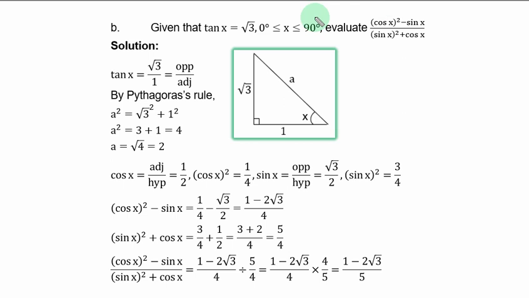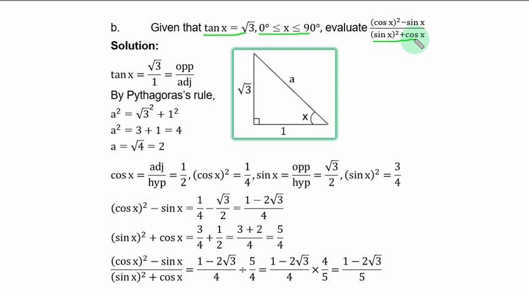Question 3b. Given that tan S is equal to root 3, 0 degrees less than S less than or equal to 90 degrees, evaluate (cos S) all squared minus sin S over (sin S) all squared plus cos S. Sine is defined as the ratio of opposite to hypotenuse.